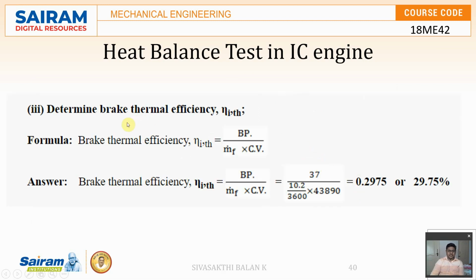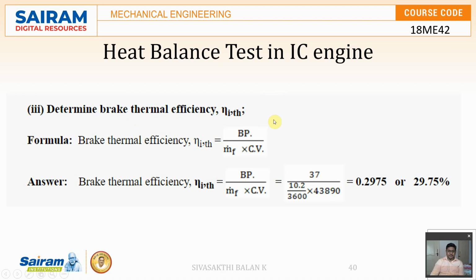And thirdly, they ask us to find the brake thermal efficiency. The brake thermal efficiency expression is the ratio between brake power and the mass flow rate of fuel multiplied by the calorific value. The denominator, the multiplication of mass flow rate and calorific value, is nothing but the heat supplied.